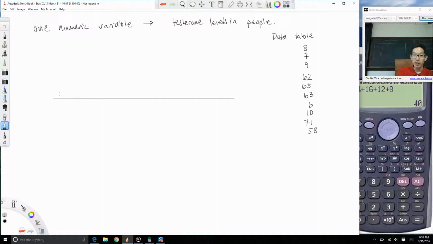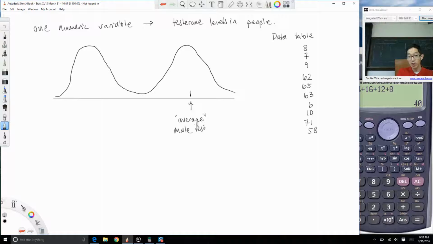And when we create a histogram of it, this is a terrible picture, but it would look something like this. This zone right here is the quote-unquote average male testosterone level, and this is the quote-unquote average female testosterone level.